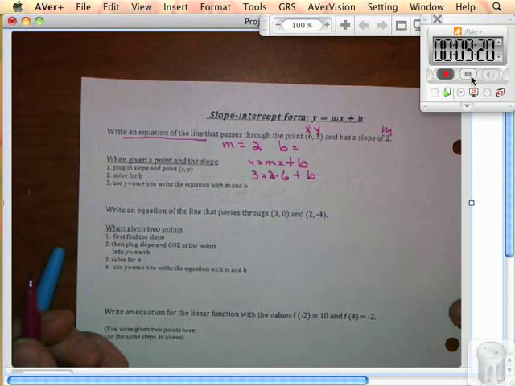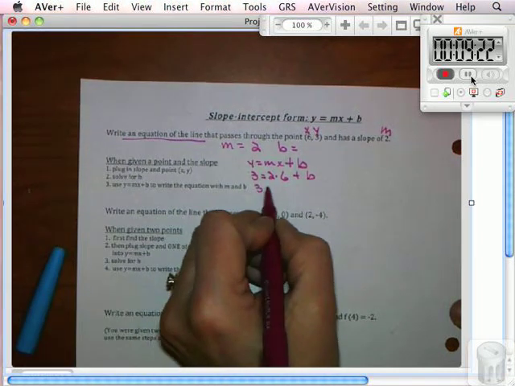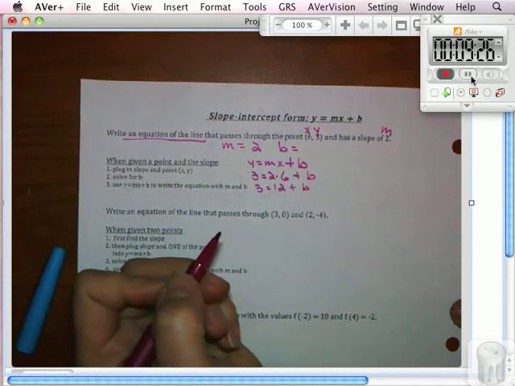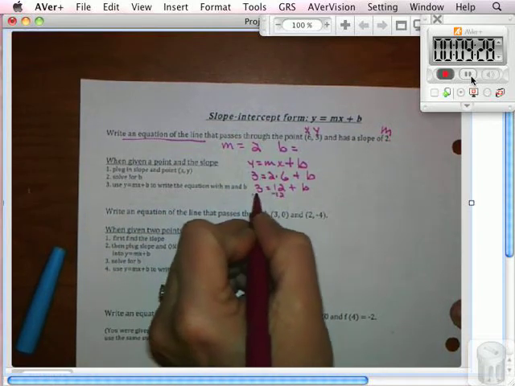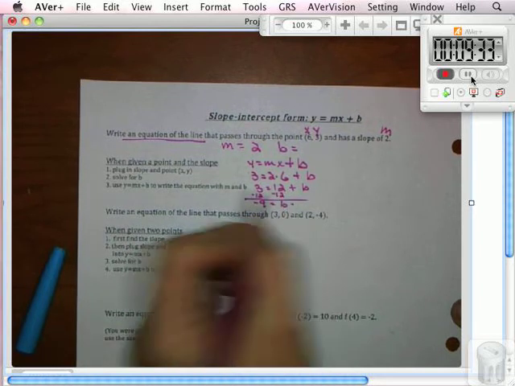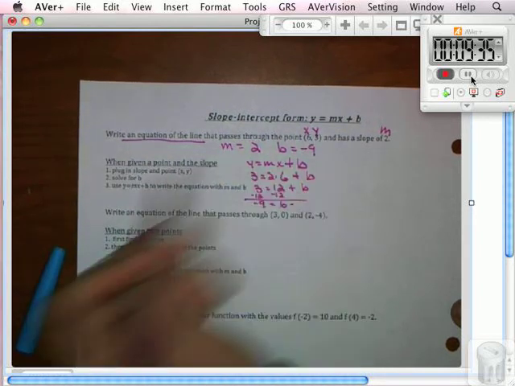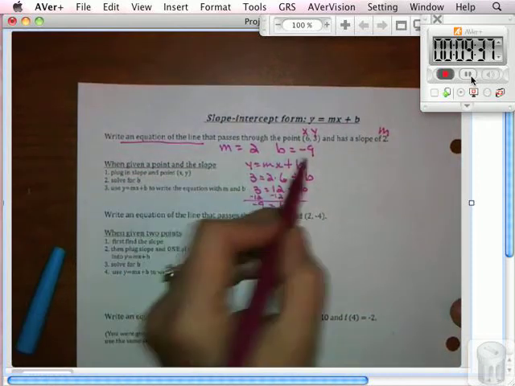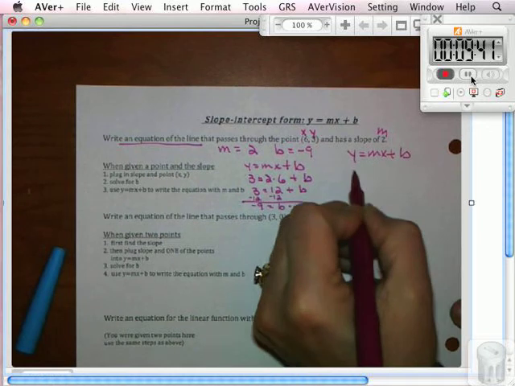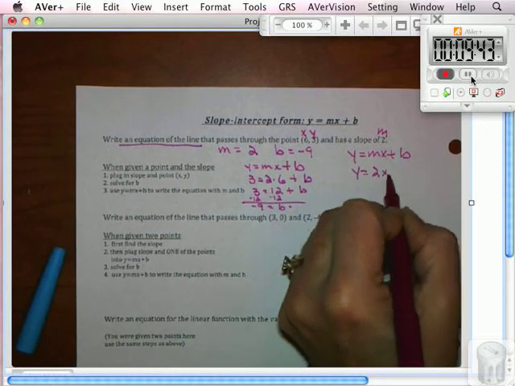So now you have the algebra skills to figure out what b is. 2 times 6 is 12. Subtract 12 from both sides: -9. b is -9. Now I have m and b. I can write the equation of the line by just substituting in my m and my b.